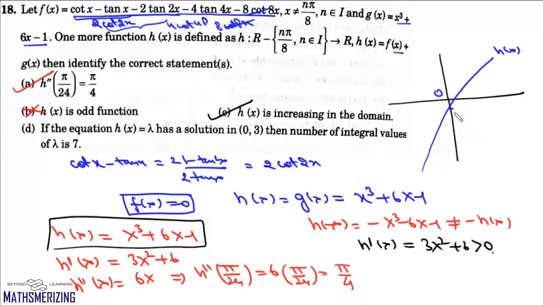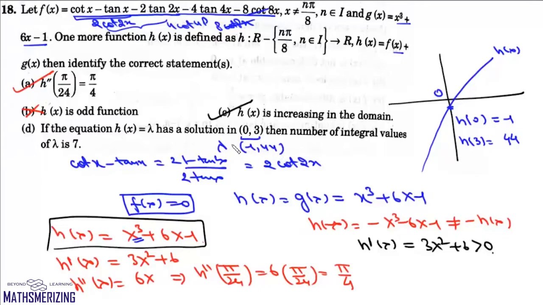Now h(0) is minus 1, and if we find h(3), it is 27 plus 18 minus 1. So 27 plus 17, it is 44. So the range of this function in 0 to 3 is from minus 1 to 44.